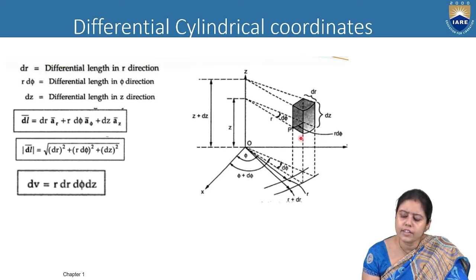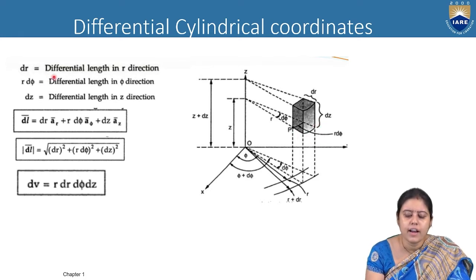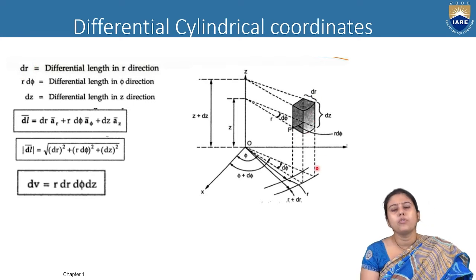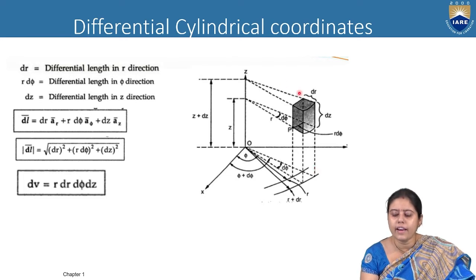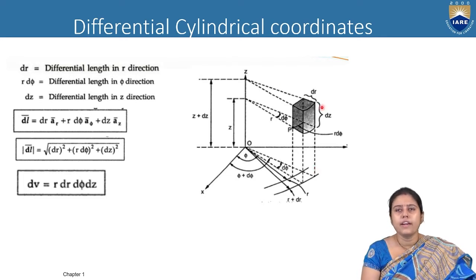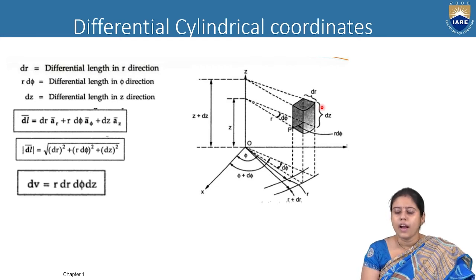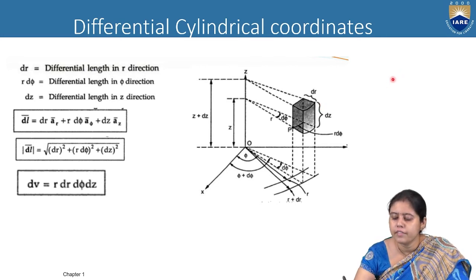What are the small parts? One is dr, which is the radius. One is dz, which is the height. But whenever we cut any angle, we will get r d phi instead of d phi. Why?